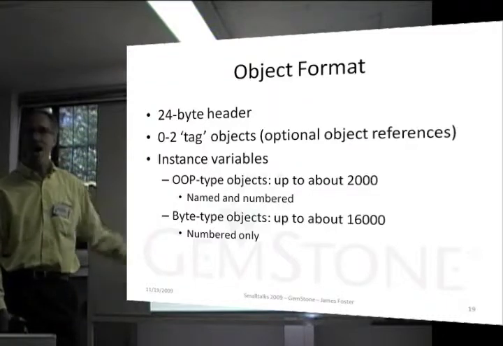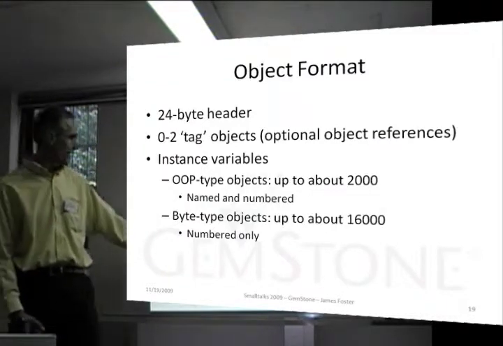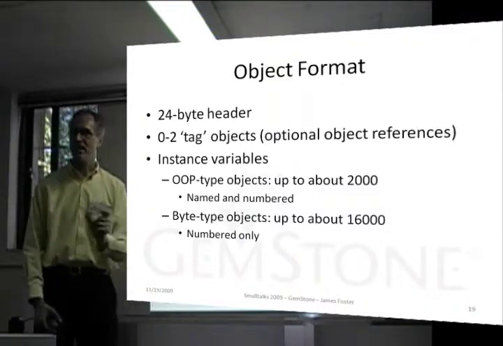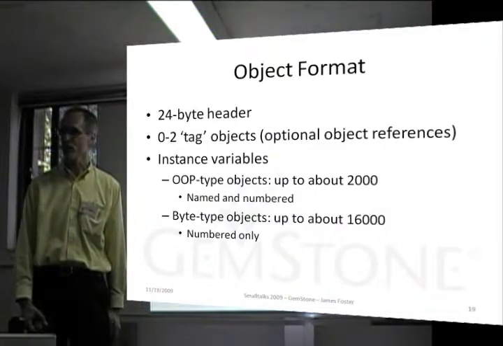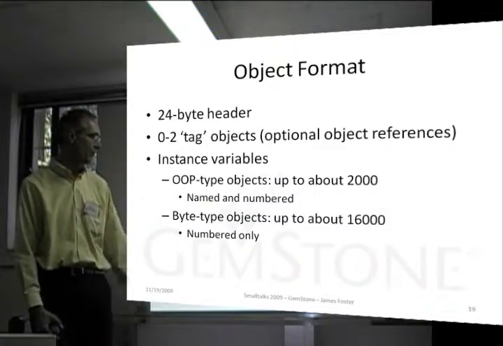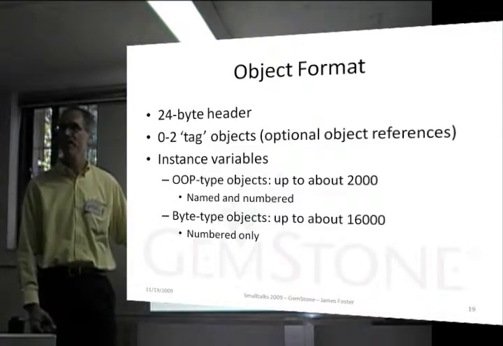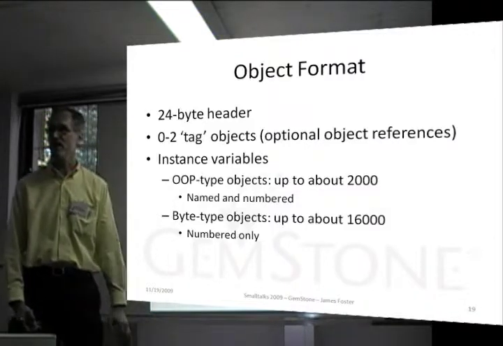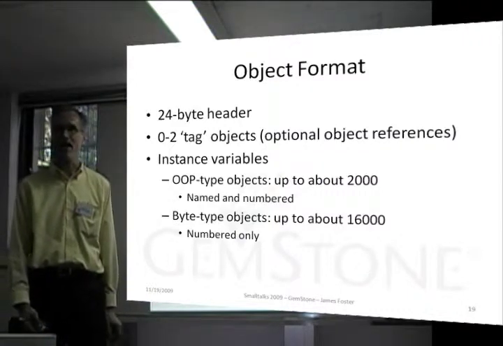That's if it's an object collection, or an object type object. If it's a byte type object, then it simply is a sequence of bytes. Either a byte array or a string, for example, would be a good example. And there you have just numbered positions or instance variables. And there's a maximum of about 16,000 bytes in a byte object.